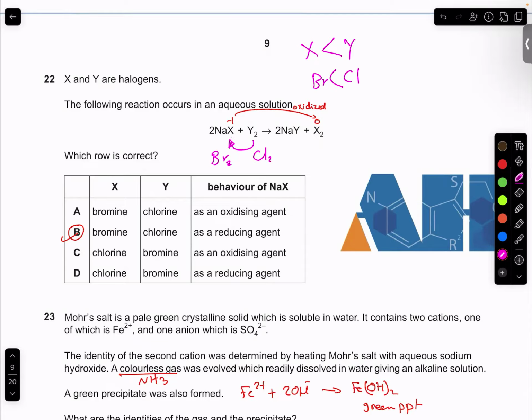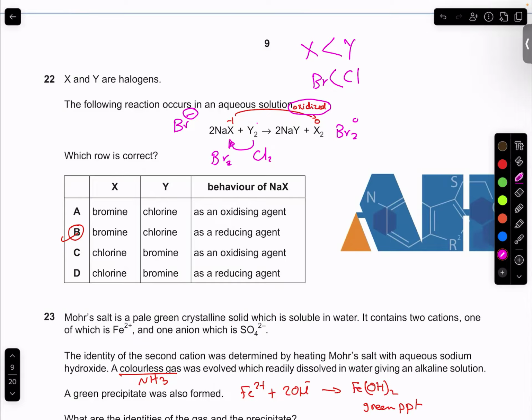In this reaction, X, which is bromide, is converted into Br2. If you look at the oxidation number, it changes from -1 to 0. So oxidation happens, so the bromine has oxidized, and it acts as a reducing agent.